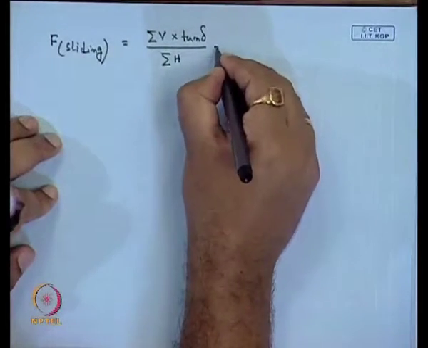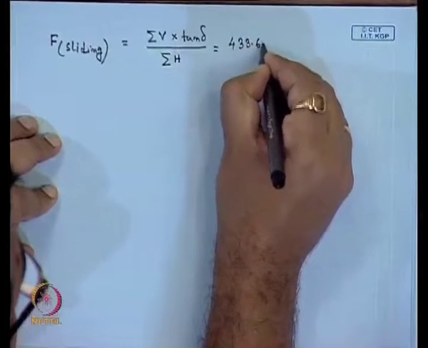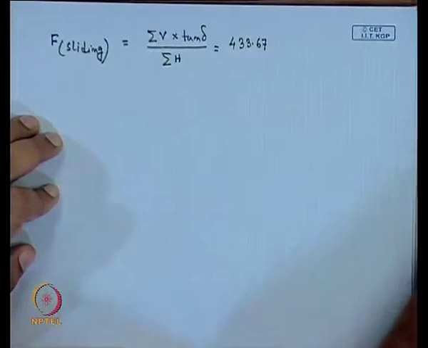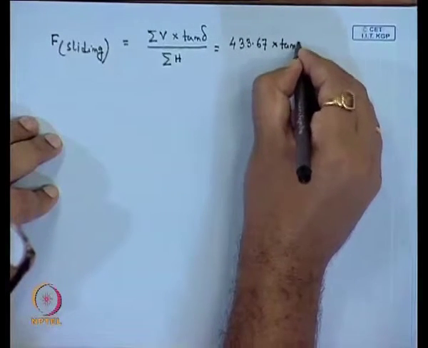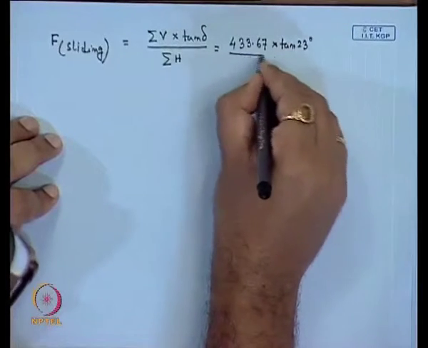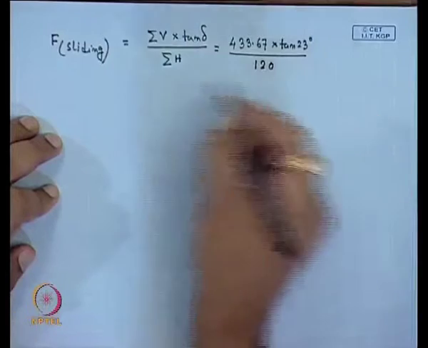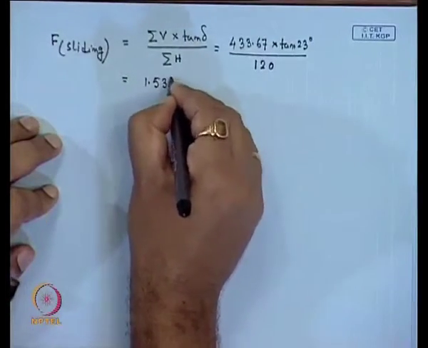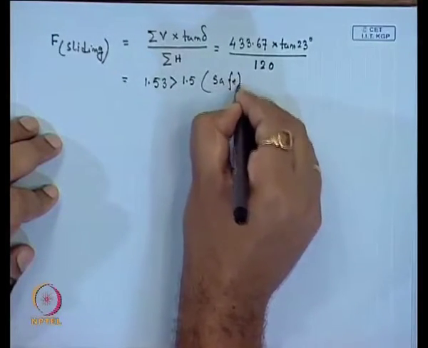The total vertical force summation is 433.67 and tan delta that we have taken is 23 degree, so into tan 23 degree, and the summation of all horizontal force is 120. So this value is equal to 1.53, which is greater than 1.5. That means it is safe.